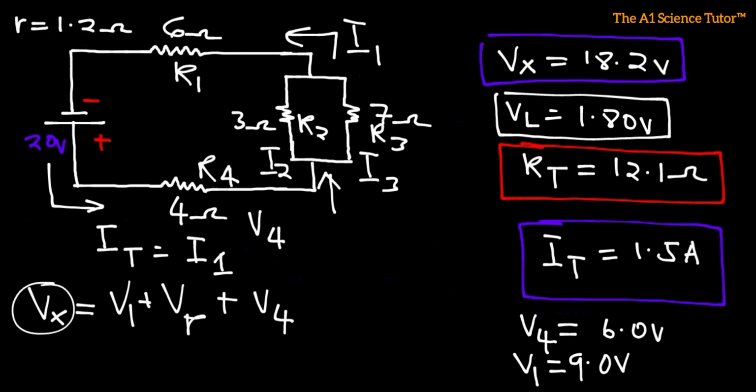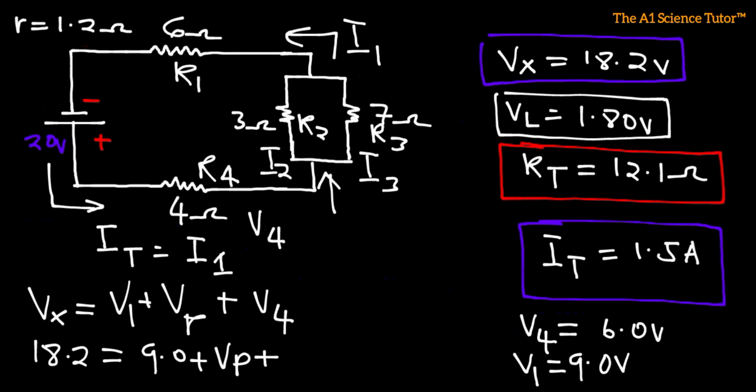Now for Vx, we know we have 18.2 and we have V1. V1 is 9.0. So we are looking for VP and V4, that is 6.0. Now if we add 9.0 to 6.0, that is going to give us 15.